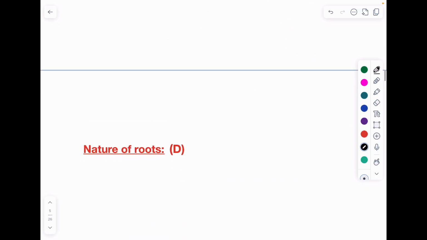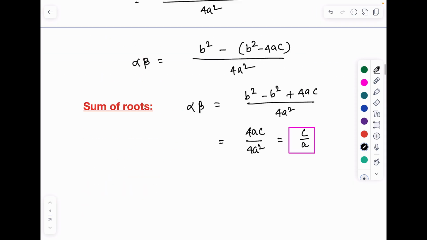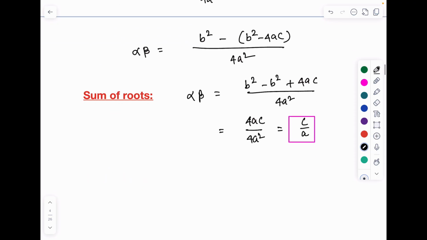Now how will we form the equation? Suppose the sum of roots and the product of roots are given to us.